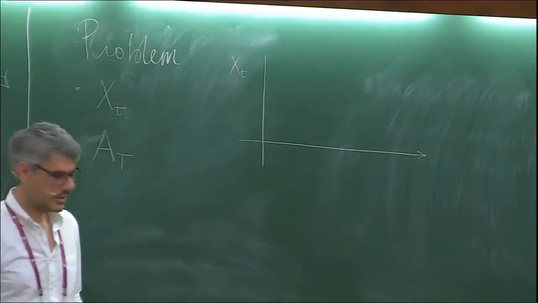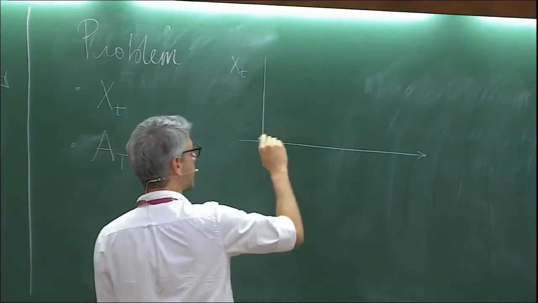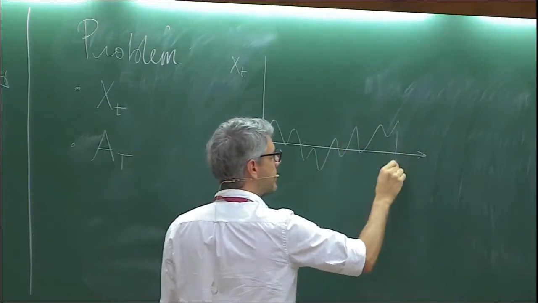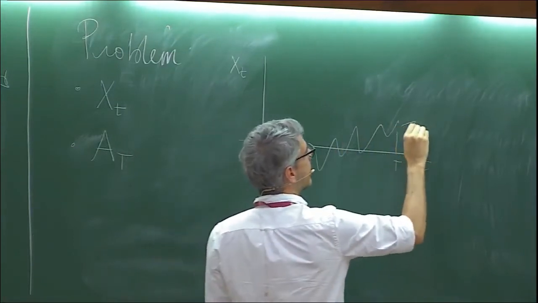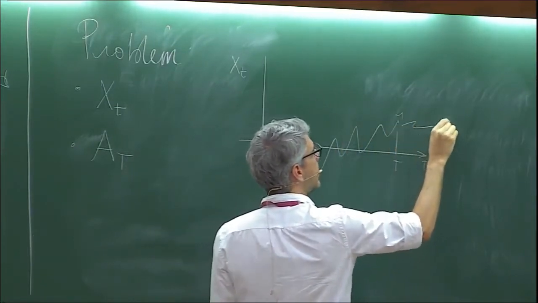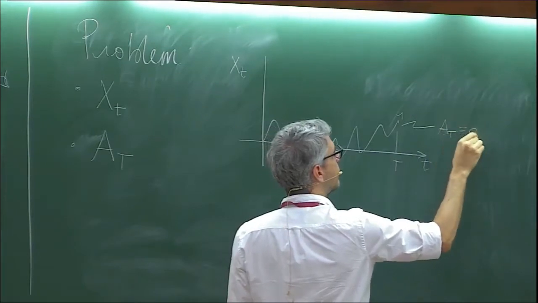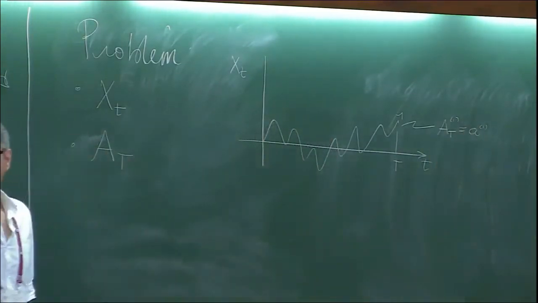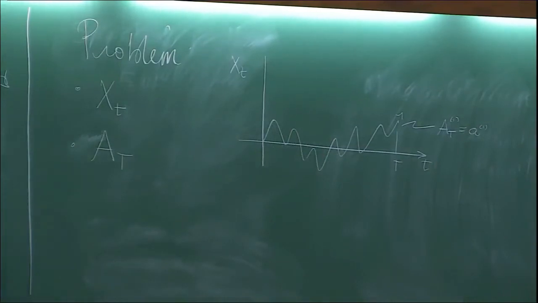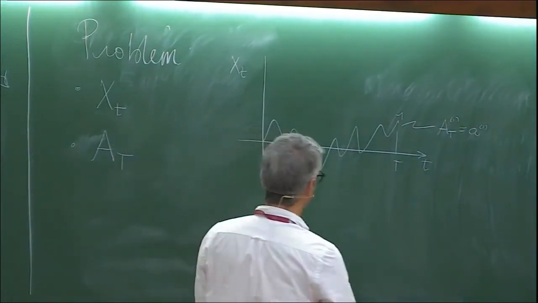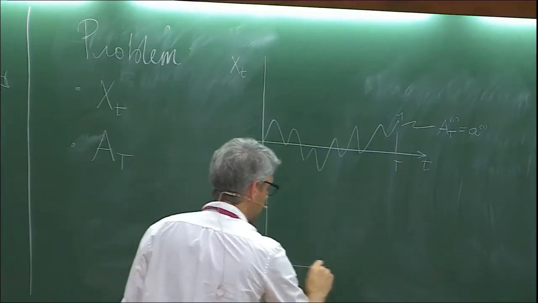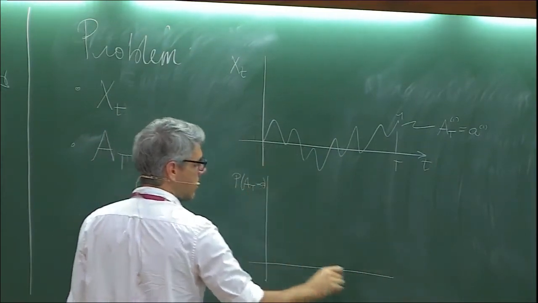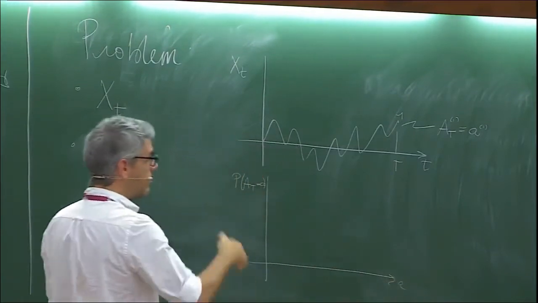I could simulate the SDE, and then generate one trajectory up to the time capital T, and I would calculate the value of the observable. This is my trajectory 1, and this will be my first value, the first element in my sample. And here I would calculate the histogram that I get by repeating the experiment.